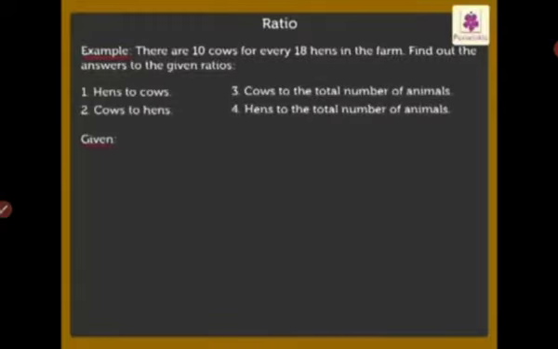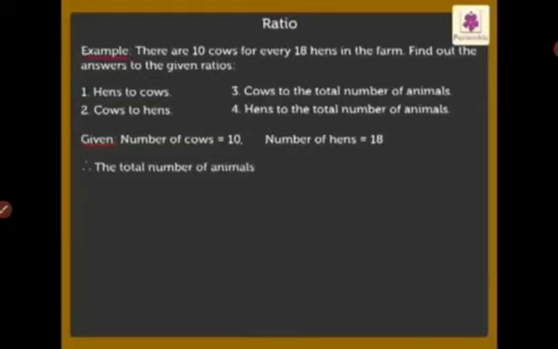Let's write the statements first. Number of cows is equal to 10. Number of hens is equal to 18. Firstly, we find the total number of animals, which we get as 28. The required ratios are 1.